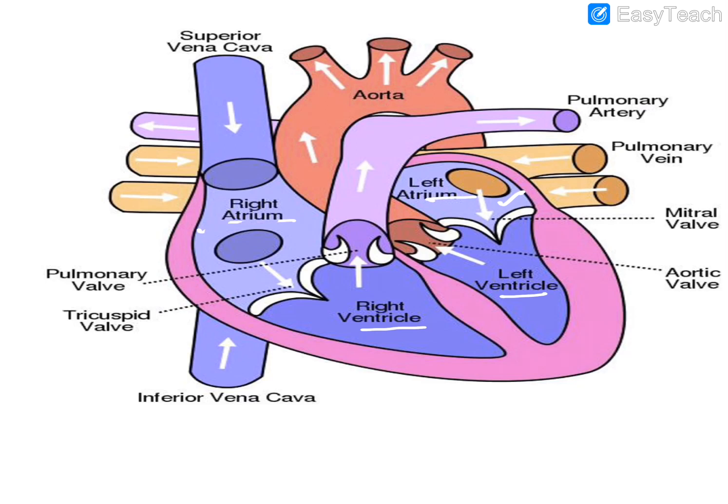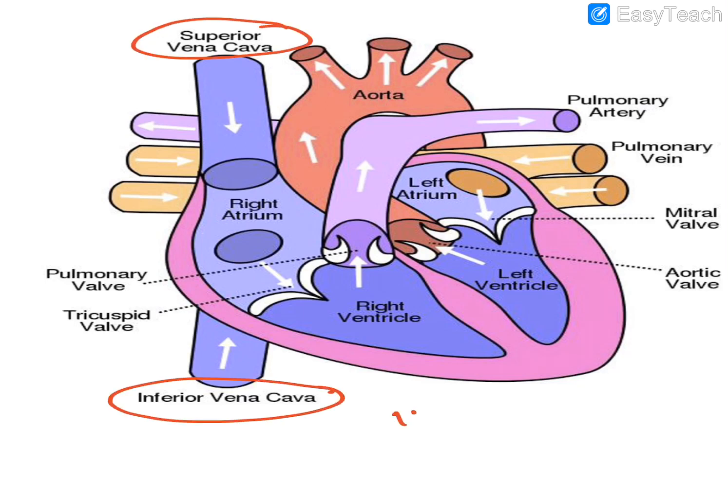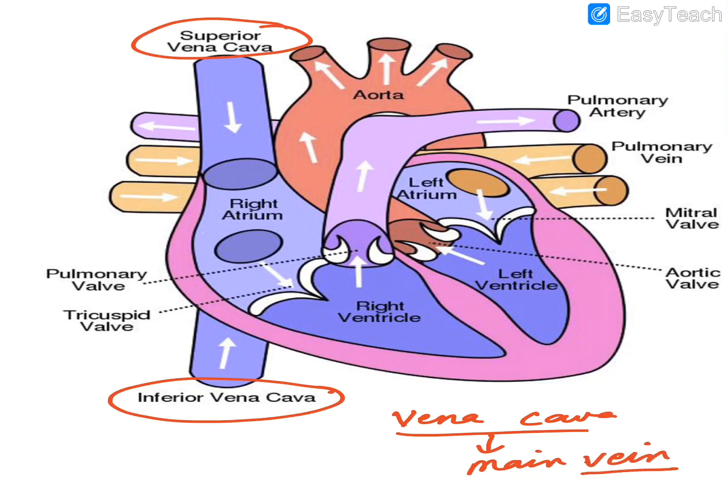Now let's see from where blood enters into the heart, the deoxygenated blood. There are 2 main veins that are present here: superior vena cava and inferior vena cava. Vena cava are main veins, and as we know, veins bring blood to the heart.